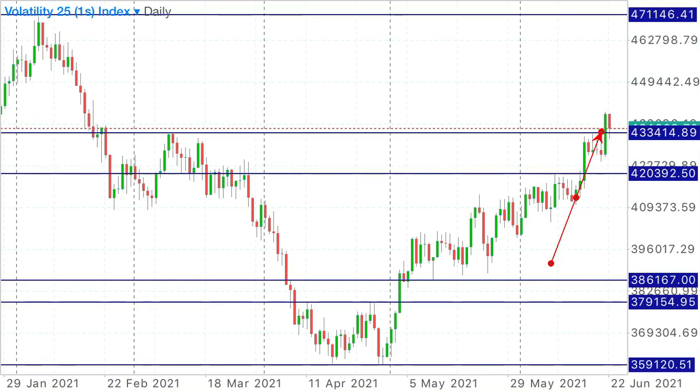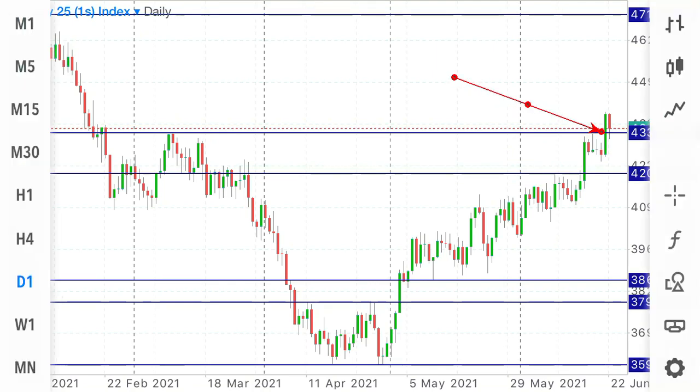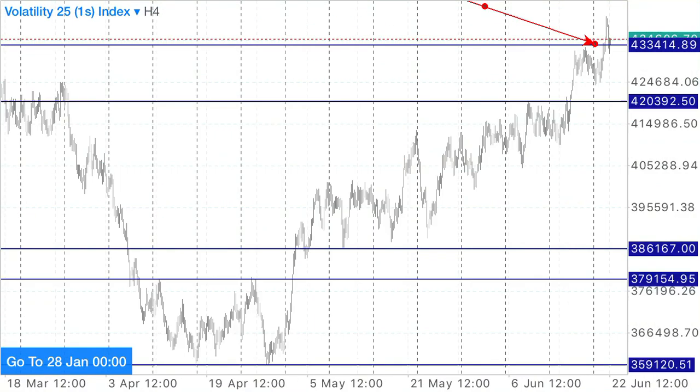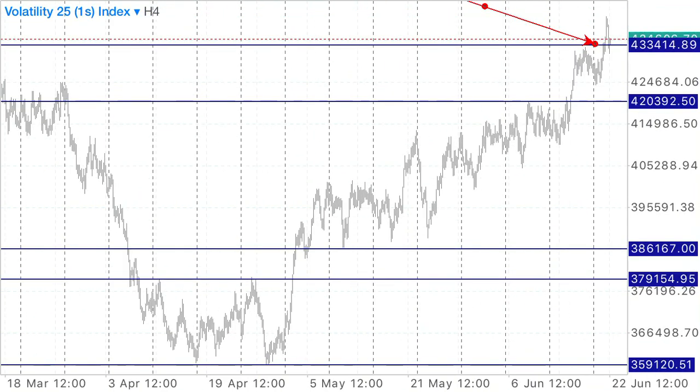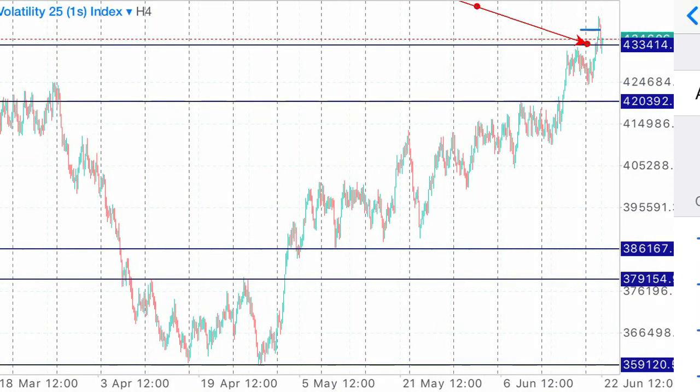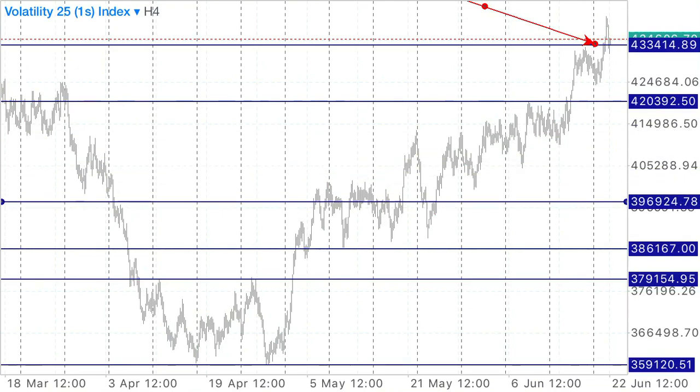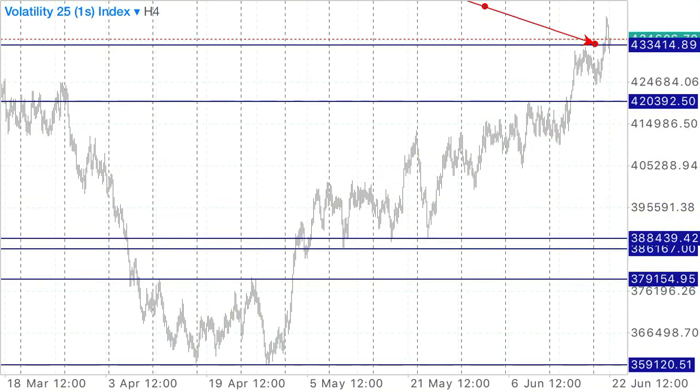So now I will switch to the 4-hour time frame. On 4 hour, if you can check, the trend is bullish, right? The trend on 4 hour is bullish.